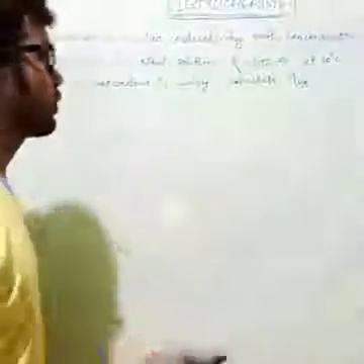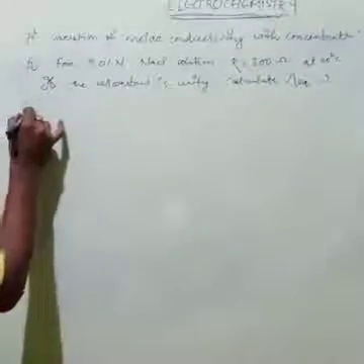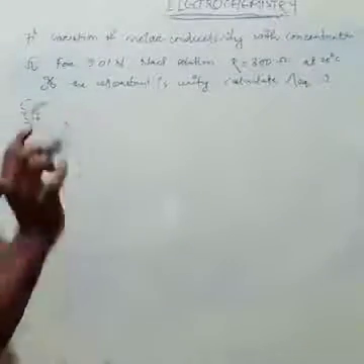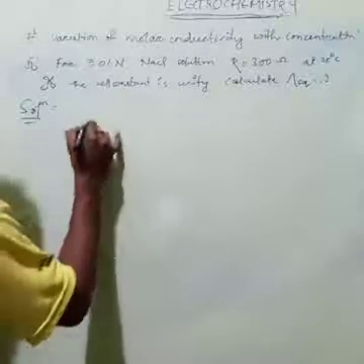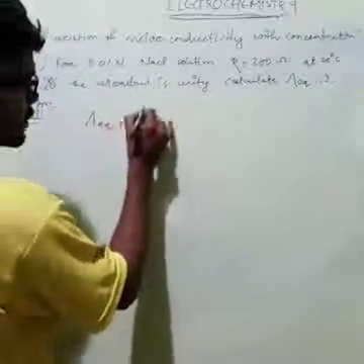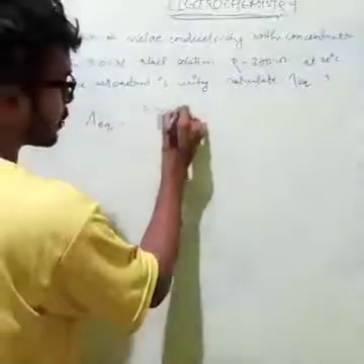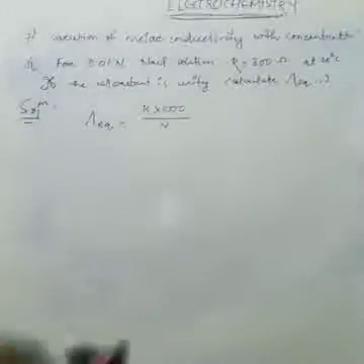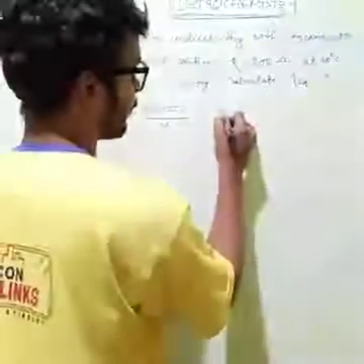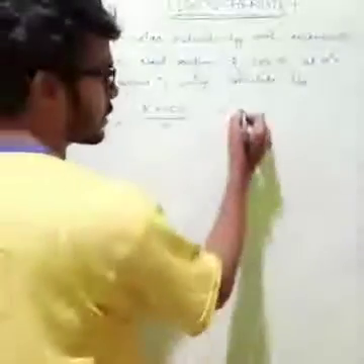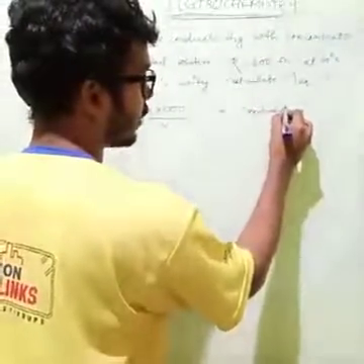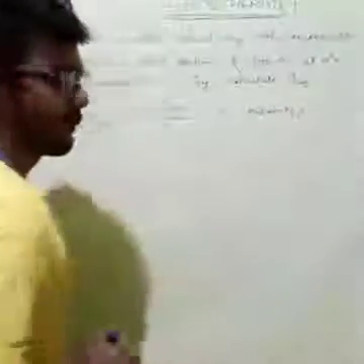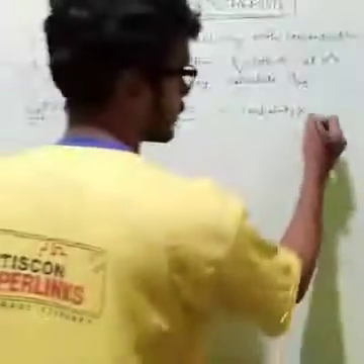Can you do the solution? Pause it if you want to do it. So let's write the formula first: equivalent conductivity equals kappa into 1000 divided by N. What is kappa? Kappa is nothing but conductivity into cell constant.